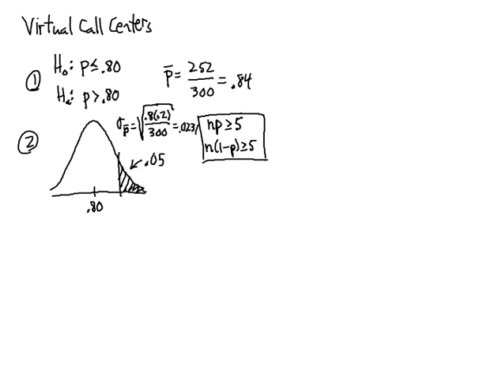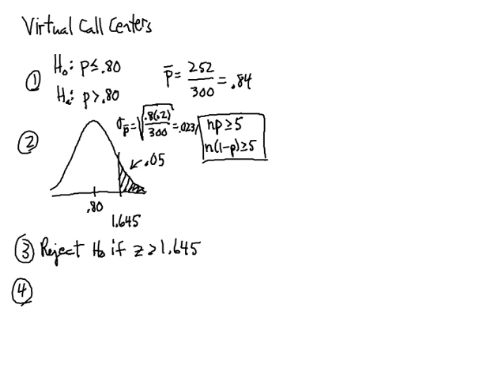Now I need a z-score for this. Again, we don't use the t-distribution here. This will be 1.645. Common enough that you probably even remembered that. And I'm going to reject h sub 0 if my test statistic is greater than 1.645.